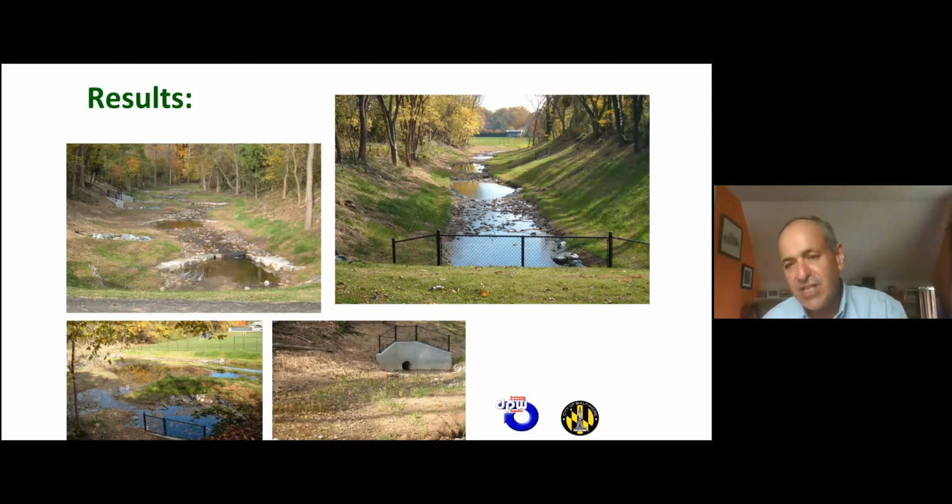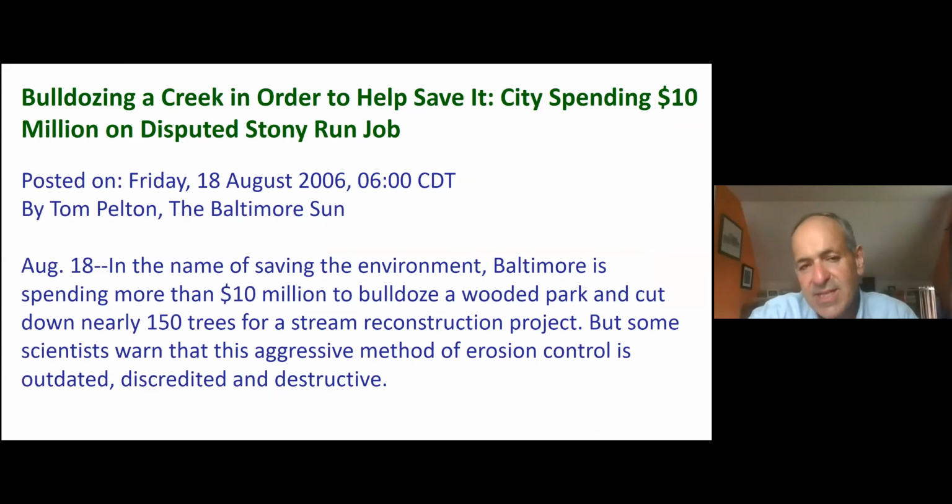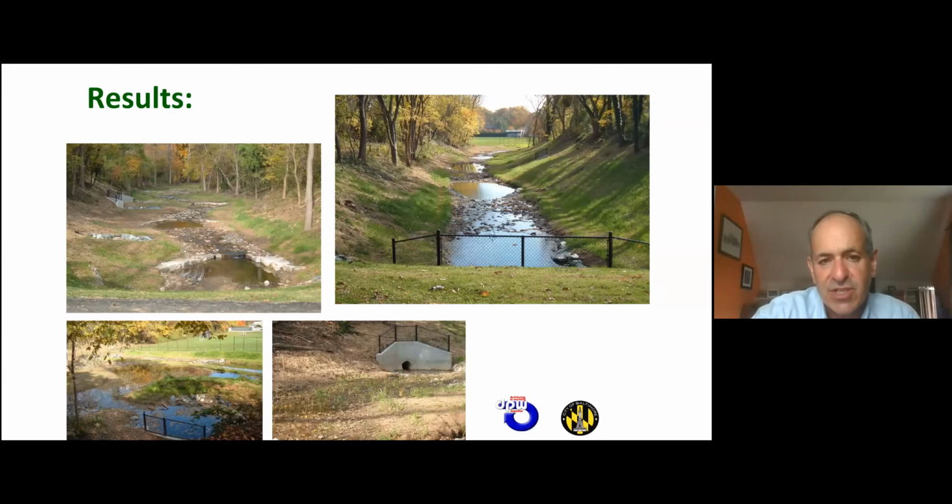You have teenage kids back there doing what teenage kids are doing back in the woods, and it looks great now, but it was a very, very painful process. And some researchers at Johns Hopkins went out and resurveyed the community to see how their attitudes have changed. But we have to avoid things like this with these stream restoration projects.